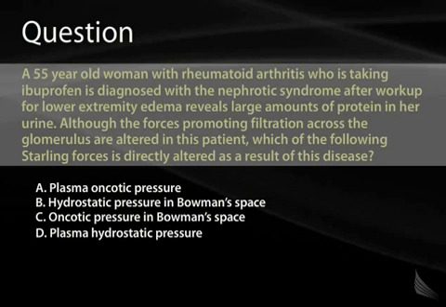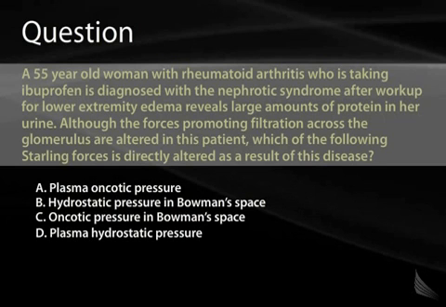As we mentioned before, ibuprofen, a non-steroidal, is associated with the development of minimal change disease, especially in adults. In minimal change disease, the normal charge barrier in the glomerular basal membrane is lost, and albumin filters across the basal membrane into Bowman space.